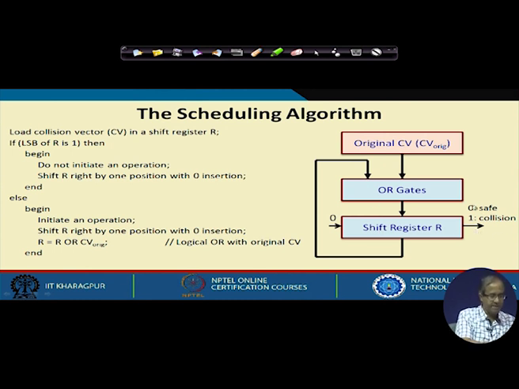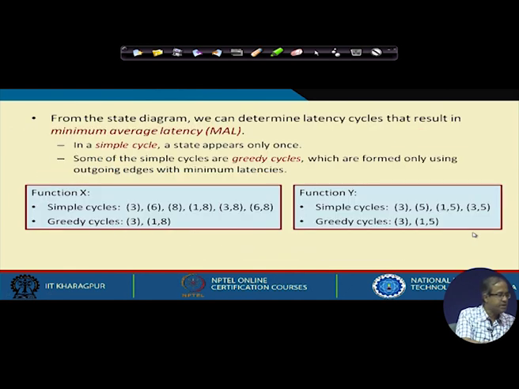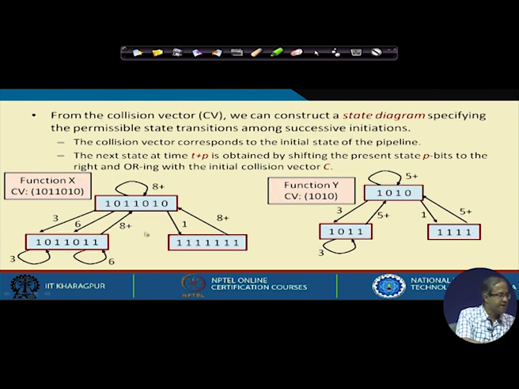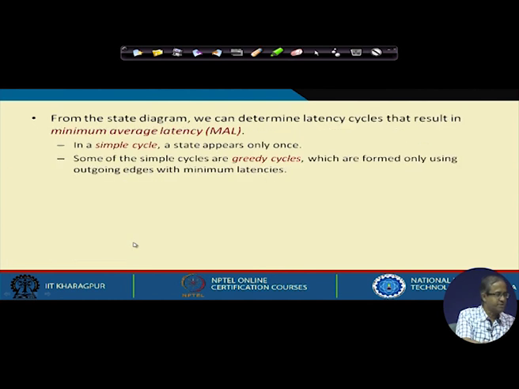But if you find that it is a 0, what does that mean with respect to the state diagram? Here 0 means you are going to the next state. Next state means you have to shift right and OR with the collision vector, right, to get the new state. So, the same thing we are doing here.